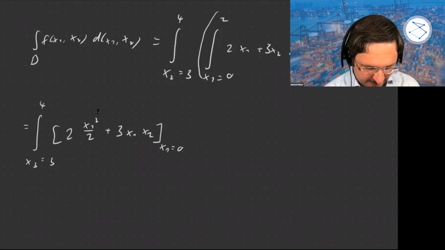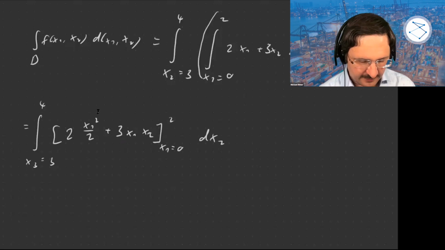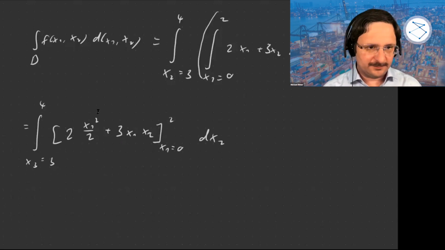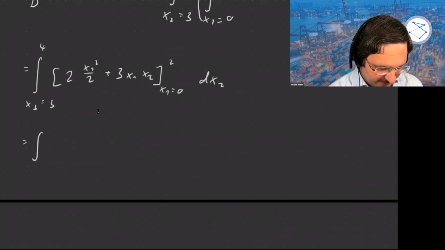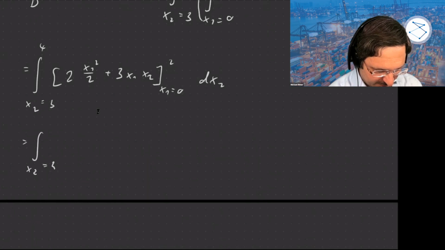The boundaries are 0 and 2. And then we keep the dx2 as well. Now let's substitute the boundaries. Oh, by the way, that's supposed to be an x2, of course. Sorry.